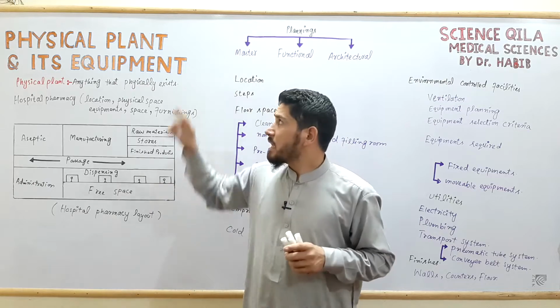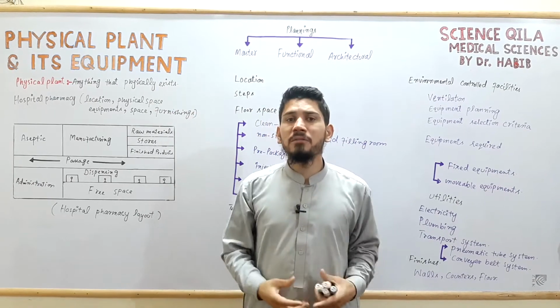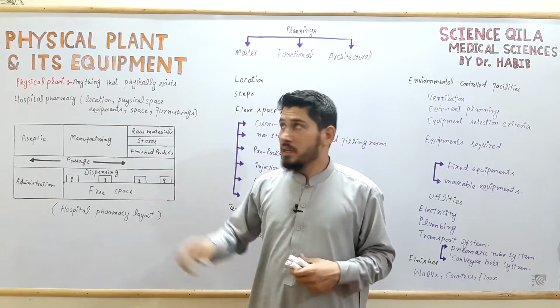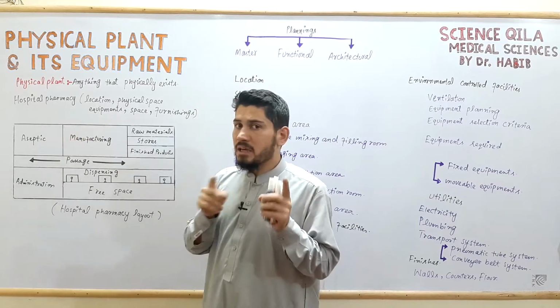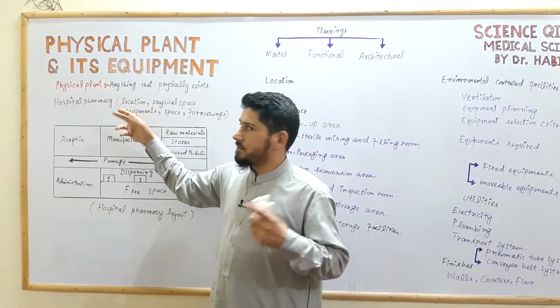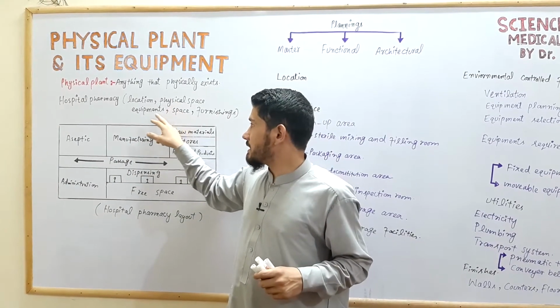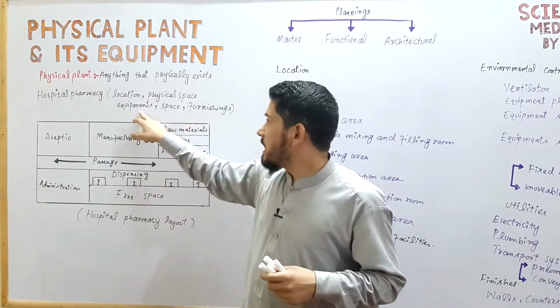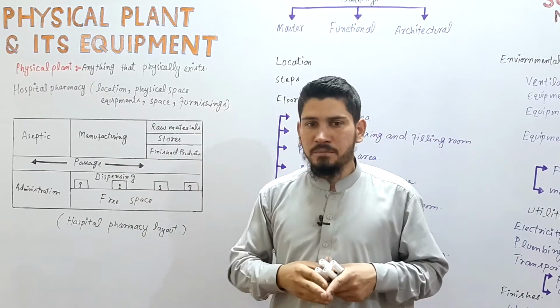So remember, whatever in the coming lecture I will talk about, that will be hospital pharmacy. So in this topic, we mainly talk about the hospital pharmacy, and we'll talk about the location of the hospital pharmacy. And after the location, of course, we need the physical space, and then we will install the equipments, and then we need the space for the equipments, and then other furnishings.